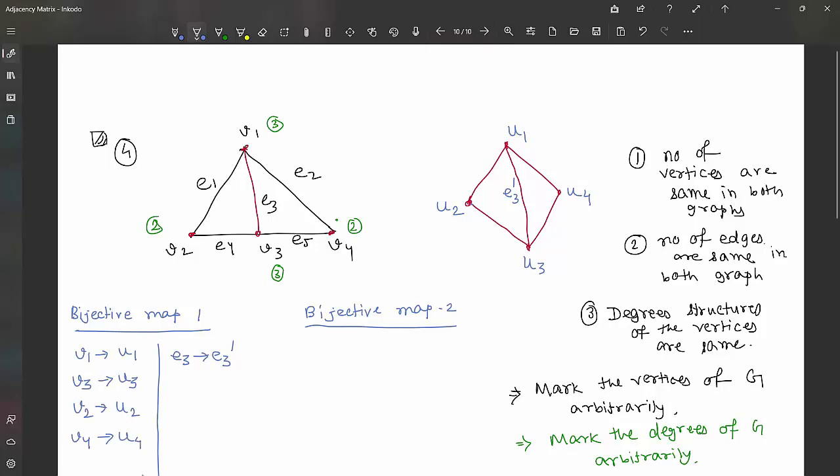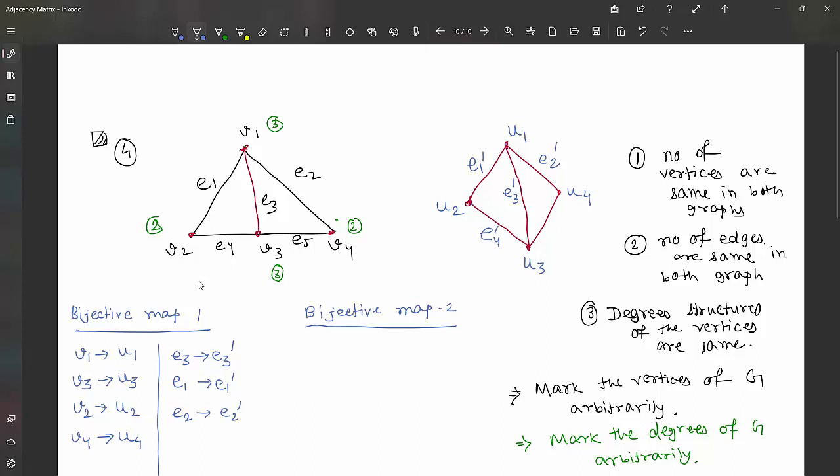So this is the vertex mapping, and the corresponding edge mapping: V1 V2 here connect U1 and U2, so it is E1 prime. So E1 goes to E1 prime. Now V1 and V4 here are U1 and U4, so it is E2 prime. So E2 goes to E2 prime. Now V2 V3 here are U2 U3, so it is E4 prime.